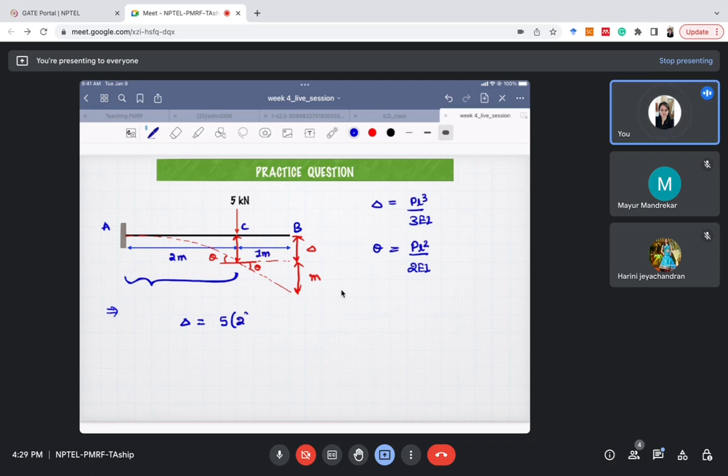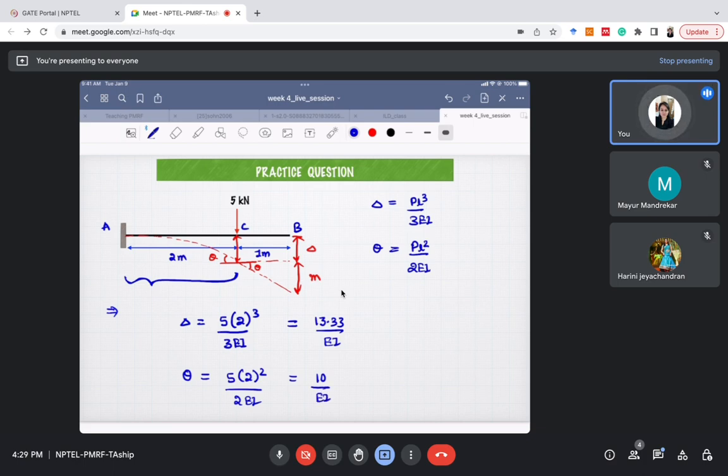So we'll take 2^3 by 3EI, keeping EI the same, and this delta comes out to be 13.33 divided by EI. And the value of theta, with P 5 and L 2, is 2^2 by 2EI, so we get 10 by EI.